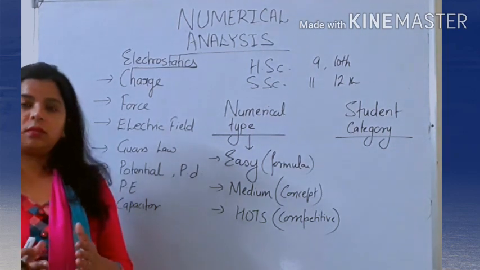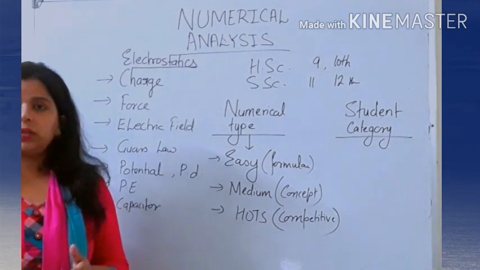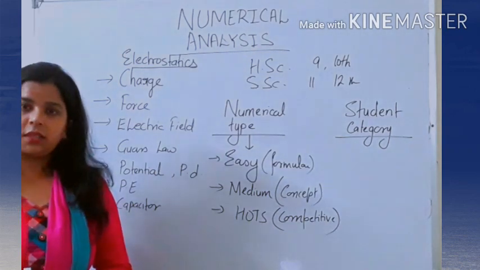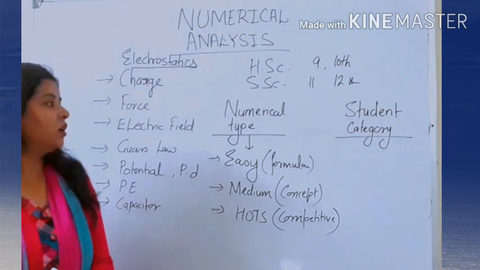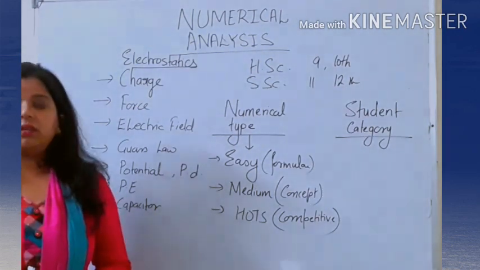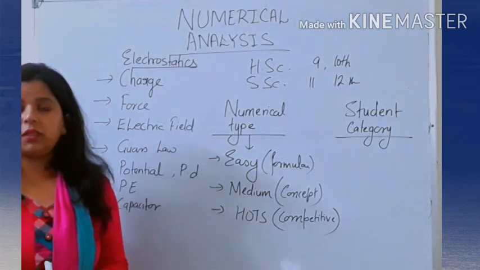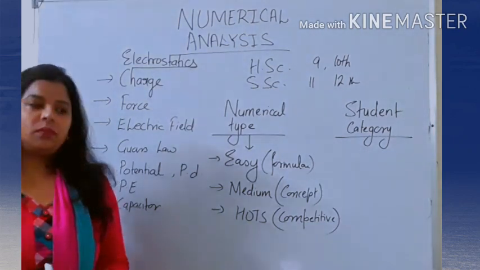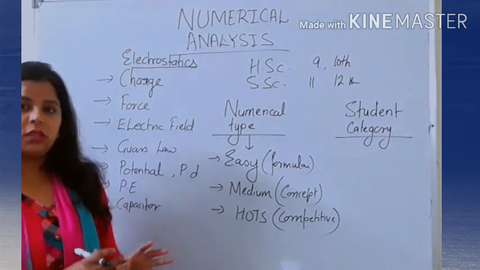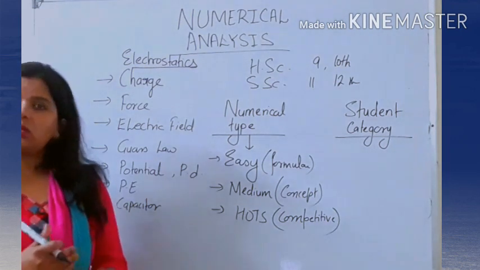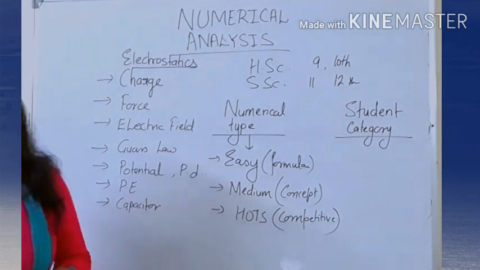I'm not including students who are keen learners of physics. They can do anything, anytime, anywhere. If physics is like a god for some students, I'm leaving those students out; they can go their own way. So basically I'm talking about some categories.